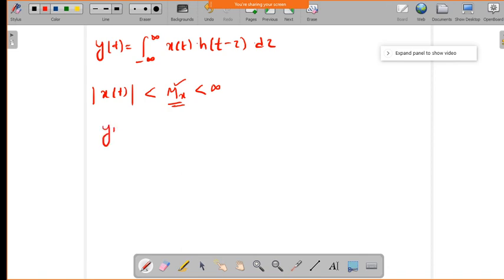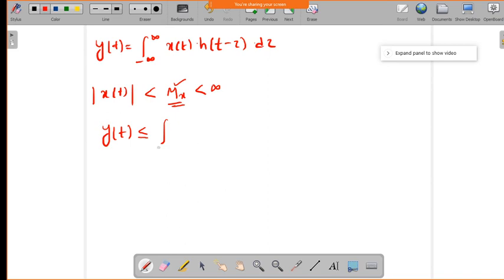Generally, the output is always less than the input response. In a practical system, due to the presence of noise or interference, the output will be reduced compared to the input which is given. So that's why it is always less than the response of the system with the input.